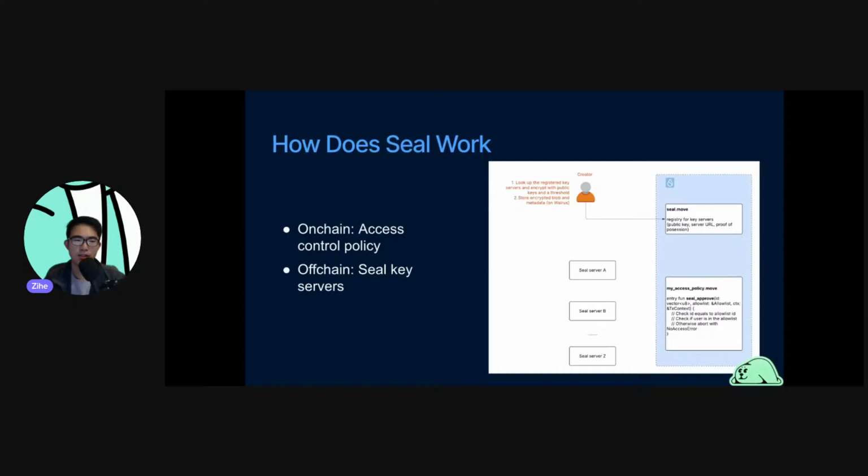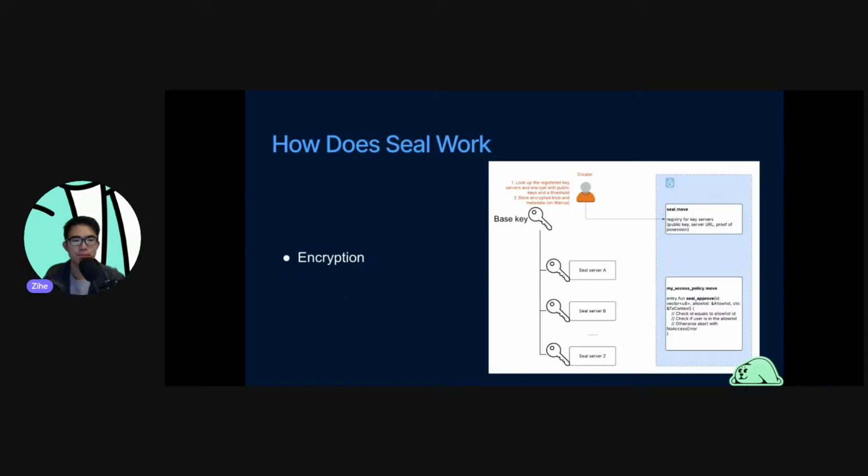If the verification is successful, the key server will send a fragment of the decryption key to the sender that actually requested this particular secret key. So how does it all work exactly? Interacting with Seal mainly involves two functions. You either encrypt or decrypt, and both of these actions happen on the client side.